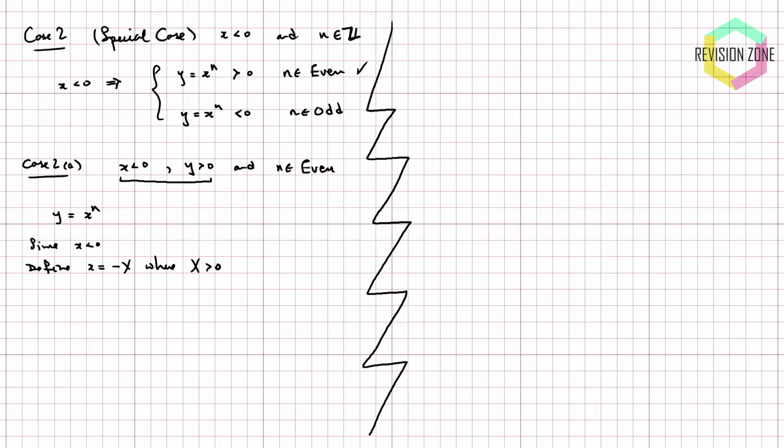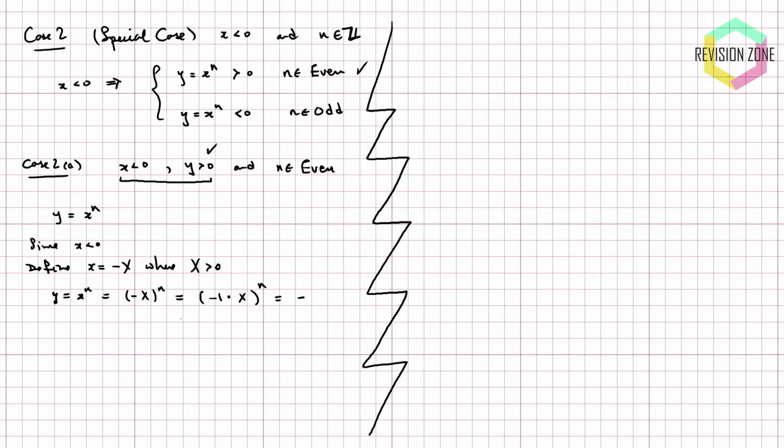Which means that the lowercase x is always going to be negative. Since y equals lowercase x to the n, that's the same thing as y equals negative uppercase X all to the n, but we can redescribe negative uppercase X as negative 1 times uppercase X. So this whole thing has to be to the power n.